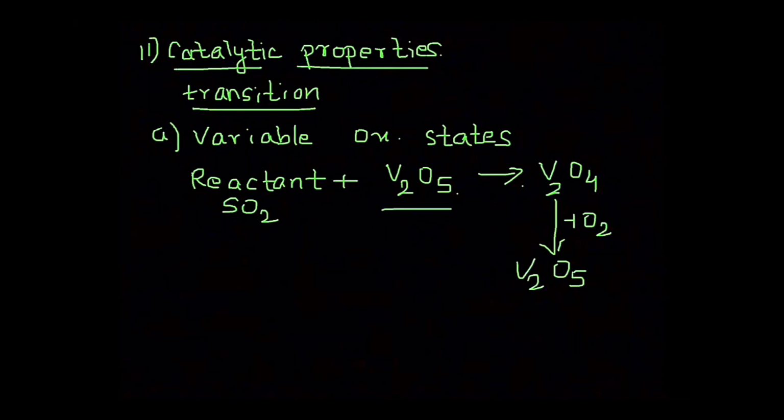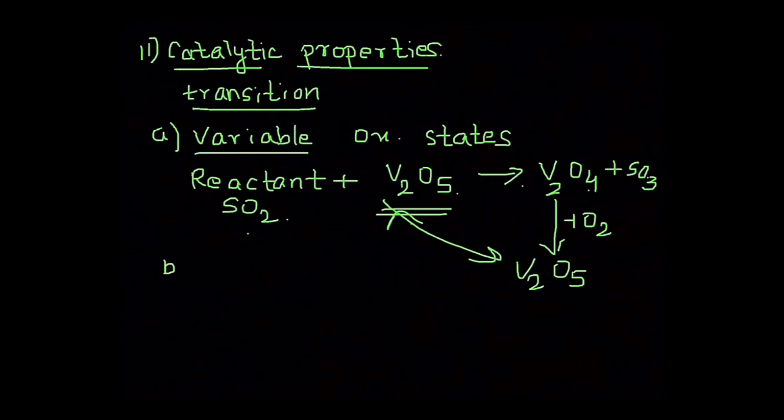So what this catalyst is doing is it is providing a temporary pathway for the conversion of sulfur dioxide to sulfur trioxide. Now what is happening over here is it is getting converted to V2O4, but in the process it is helping sulfur dioxide to convert to sulfur trioxide. So it remains unchanged at the end of the reaction. And this is only possible because of the variable oxidation states.